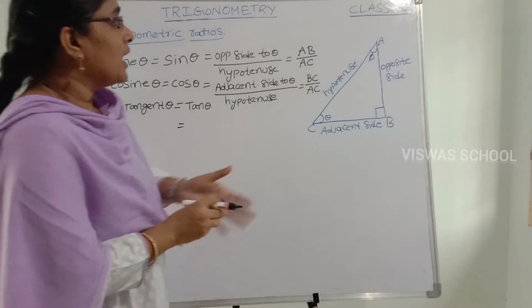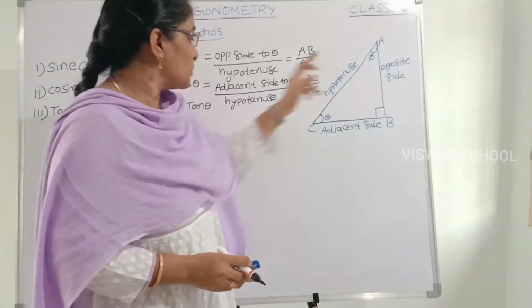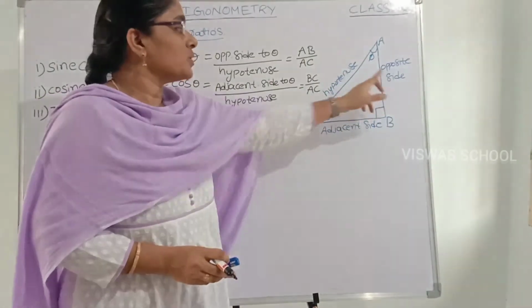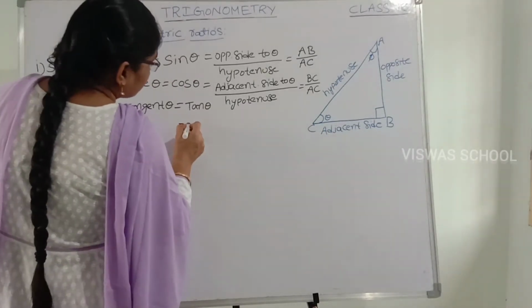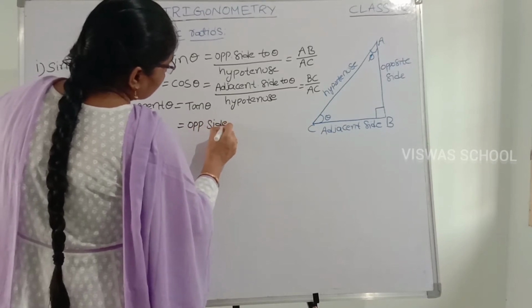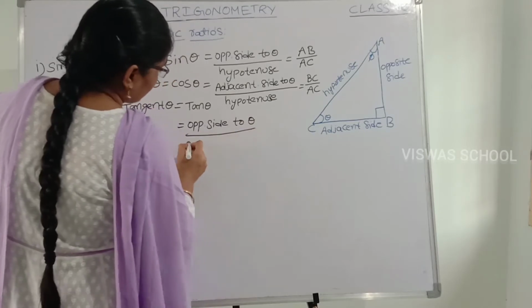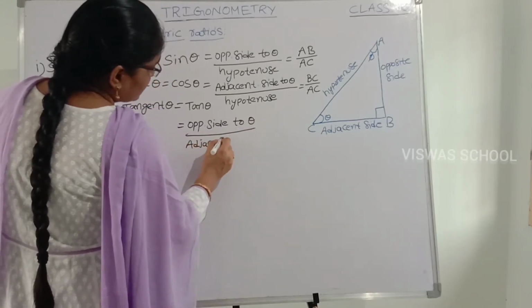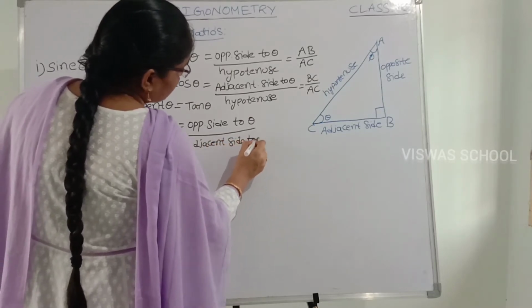Tan theta means opposite side to theta by adjacent side to theta.